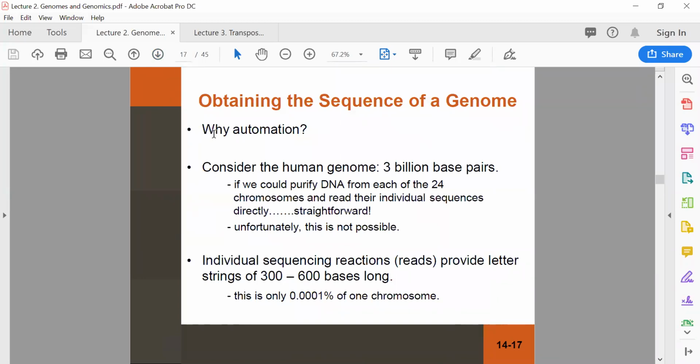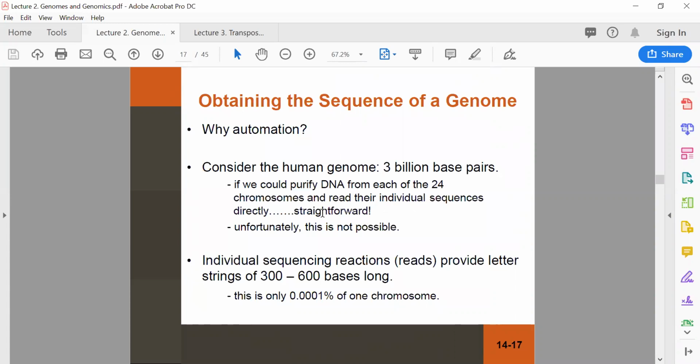Right, so why does this process require so much automation? Let's start by considering the human genome with 3 billion base pairs. If we could purify the DNA directly from each of the 24 chromosomes, so remember we only need to purify and sequence one copy of each chromosome, and read their individual sequences directly, it would be very straightforward.